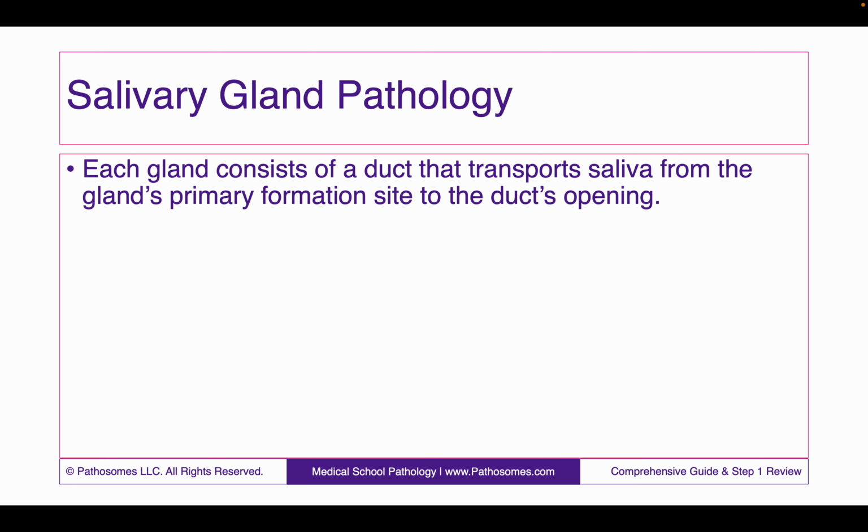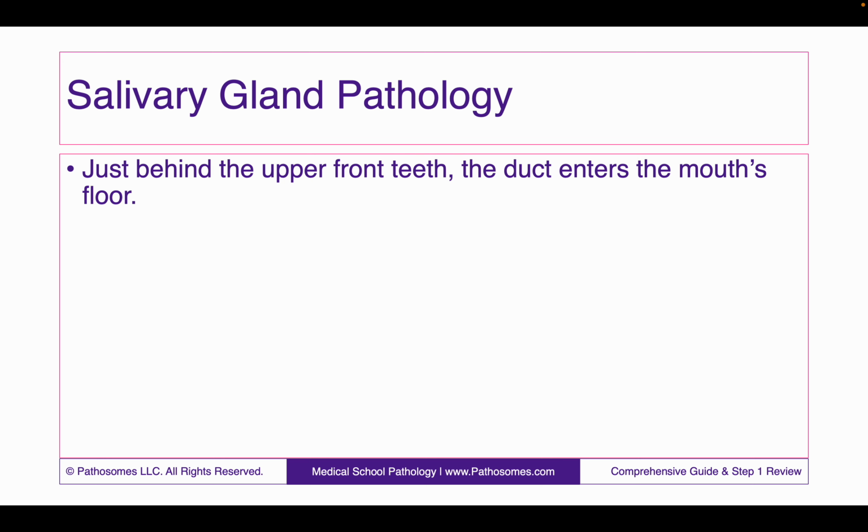Each gland consists of a duct that transports saliva from the gland's primary formation site to the duct's opening. Just behind the upper front teeth, the duct enters the mouth's floor, lubricating the area, allowing you to properly chew and masticate your food, and importantly, swallow it without choking, right?